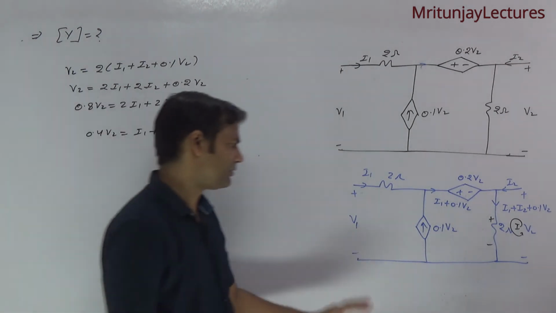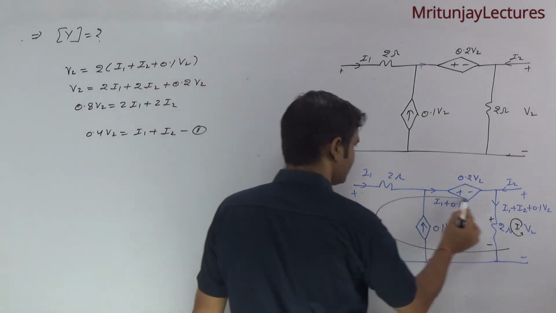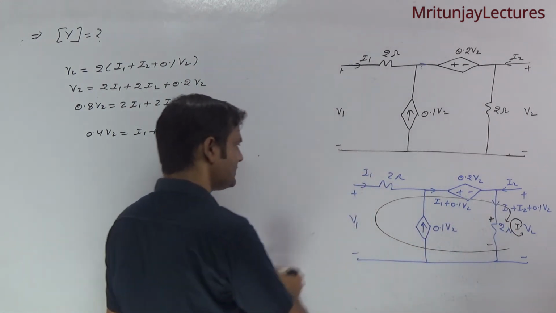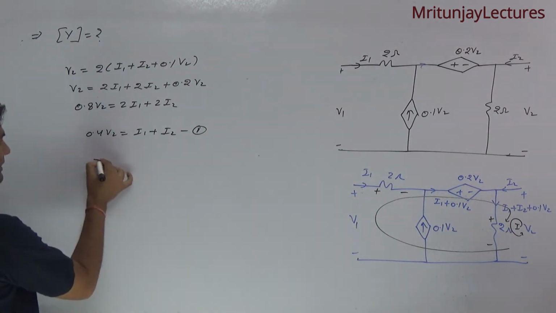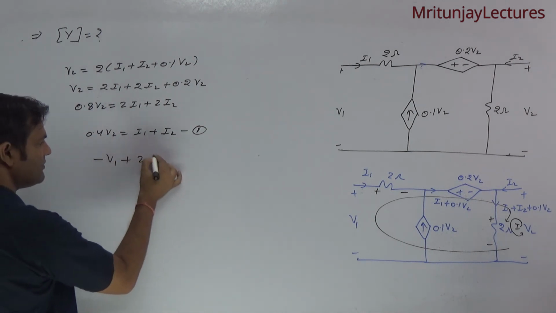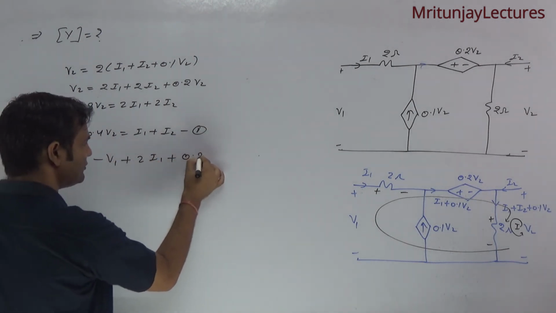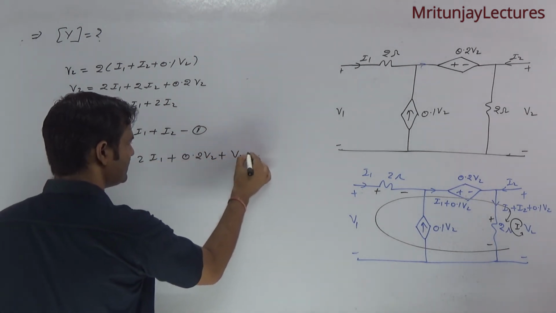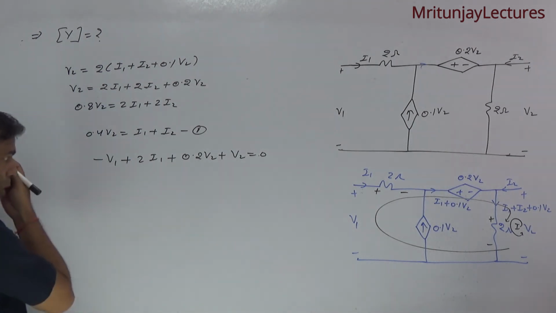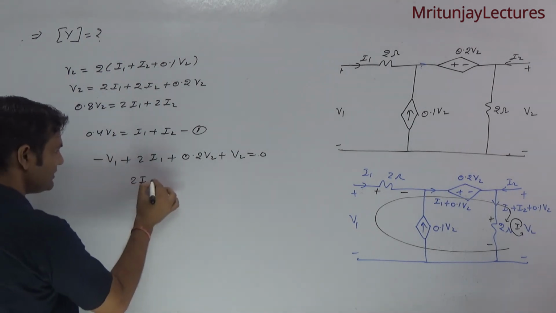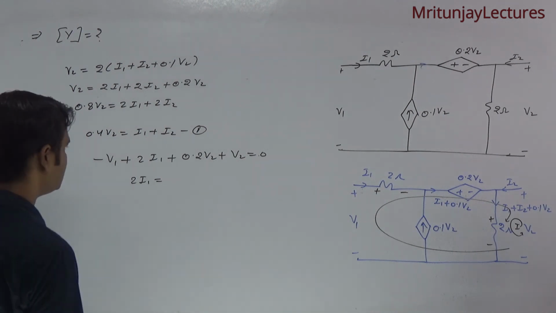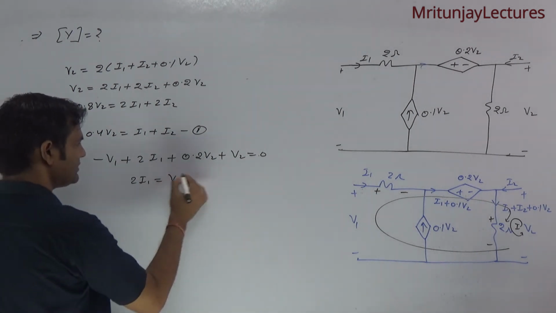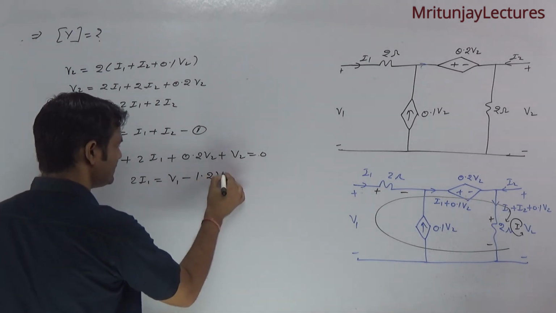Okay, now apply super loop, minus to plus and plus minus: minus V1 plus 2I1 plus 0.2 V2 plus V2 is equal to 0. So 2I1 is equal to V1 minus 1.2 V2.